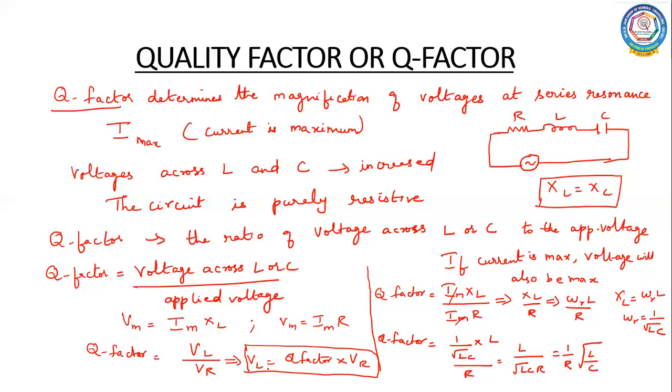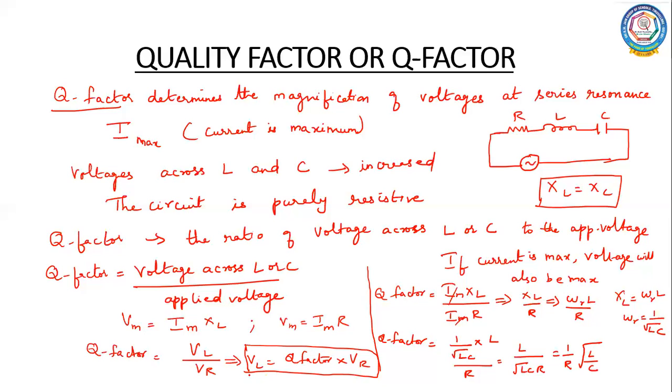They say that Q factor indicates the number of times the voltage across L or C is greater than the applied voltage. Now look at this value. Now here VL will be definitely greater than VR. Suppose let us take Q factor value to be 5, approximation. It's not the actual value. Let us approximate it. Suppose if Q factor is going to be 5, so 5 times VR. So look at the explanation.